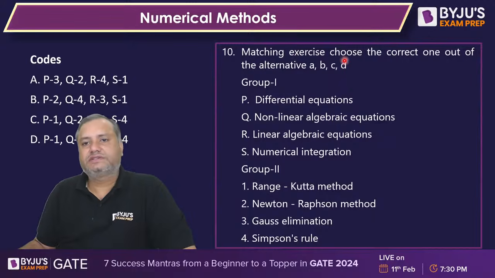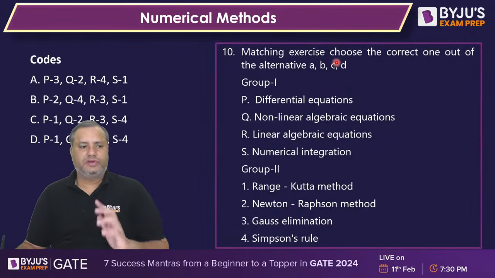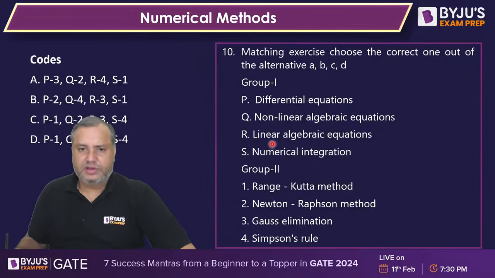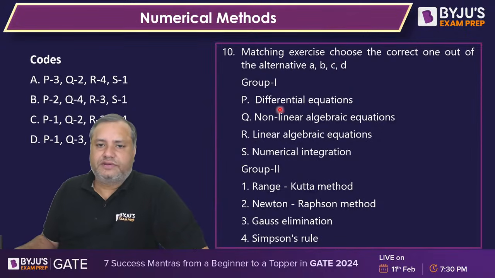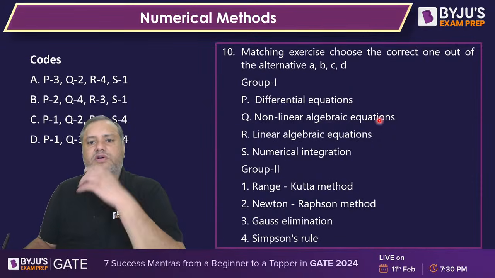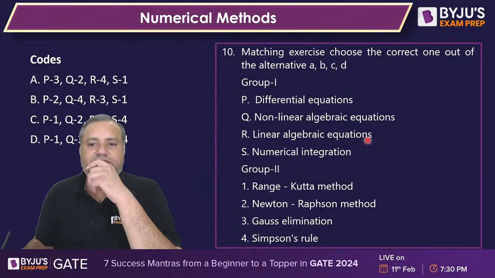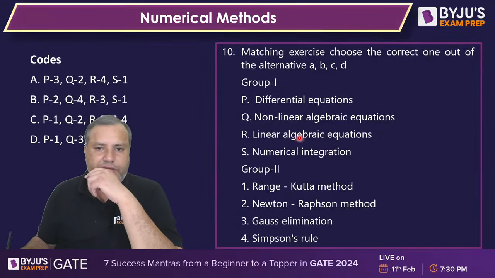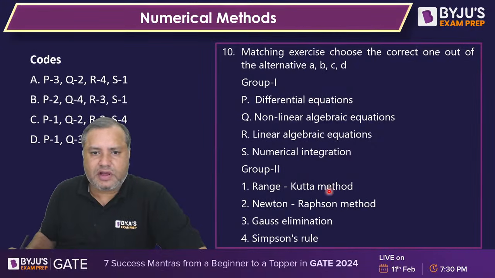Matching exercise, choose the correct one out of the alternatives A, B, C, D. Okay, try this. PQRS for differential equations, non-linear algebraic equations, linear algebraic equations. For differential equations, Runge-Kutta method is used.